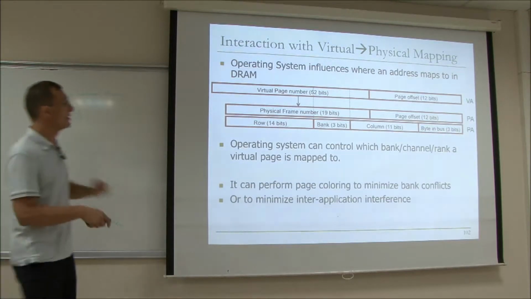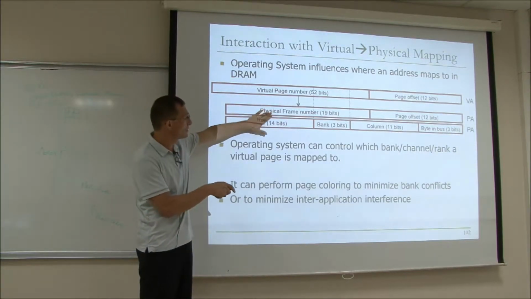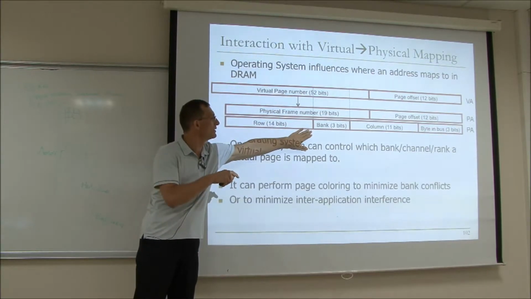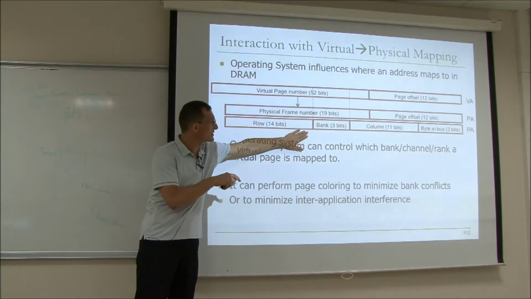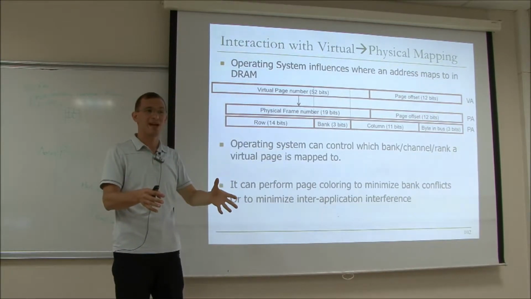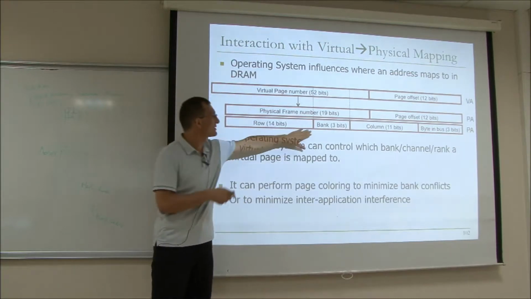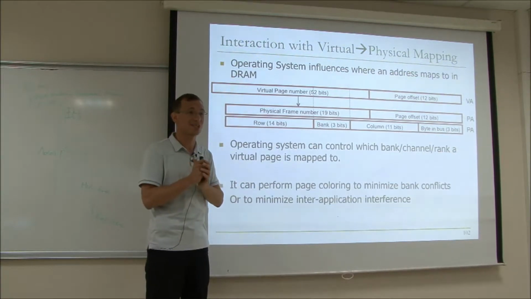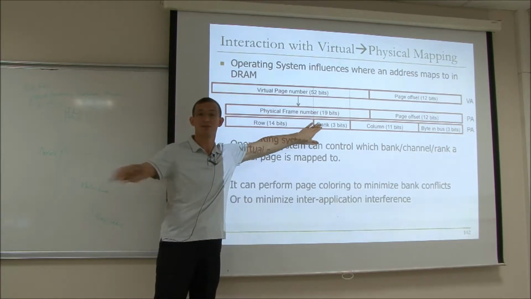Basically, if the operating system knows that these bank bits are coming from these 3 bits, the operating system can color the banks, right? The banks can have different colors, and maybe the operating system can allocate different colors to different applications. This way, different applications can map to different banks.